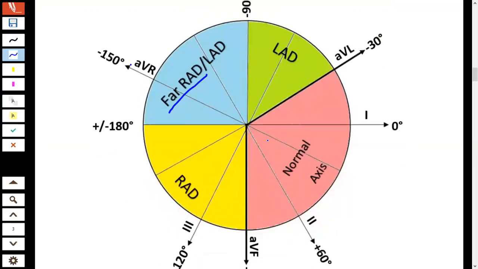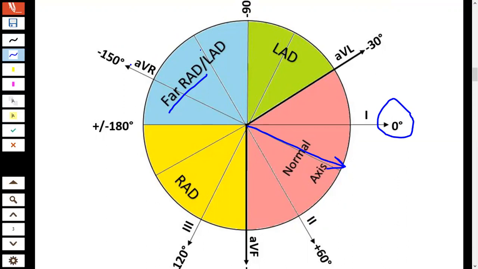If I just draw a simple line, if we talk about degree 0, on degree 0 we have what? We have lead 1. Suppose lead 1 has a vector in this direction; this is what we call the direction of limb lead 1, or the cardiac axis of limb lead 1, and it's normal.